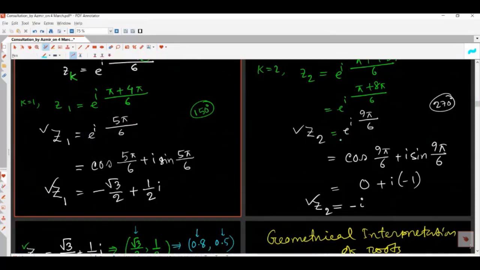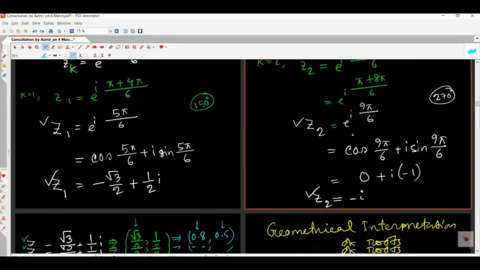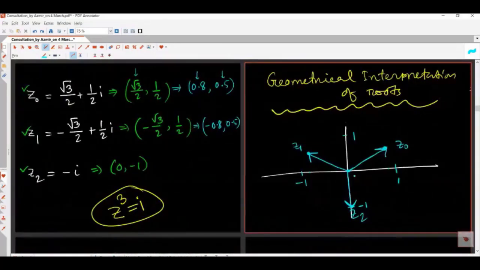For z2, comparing with 1 e to the power i theta, r is 1. So you can easily understand that all the moduli are the same: 1, 1, 1.